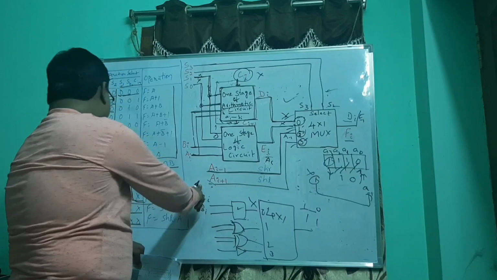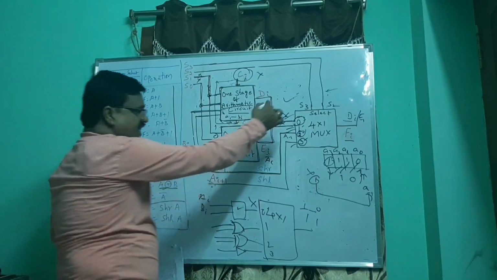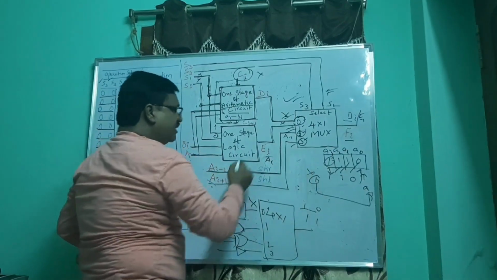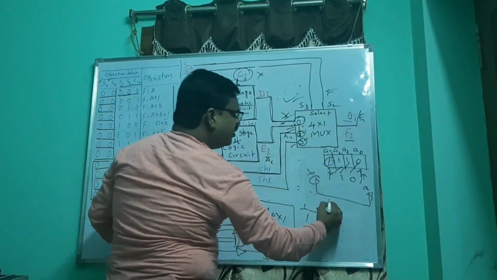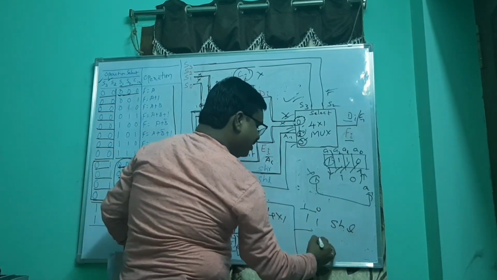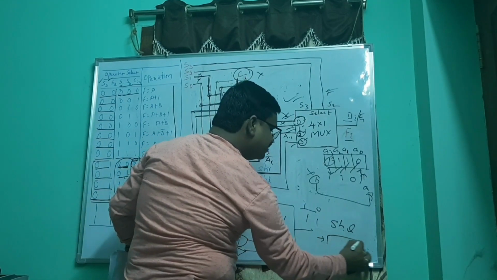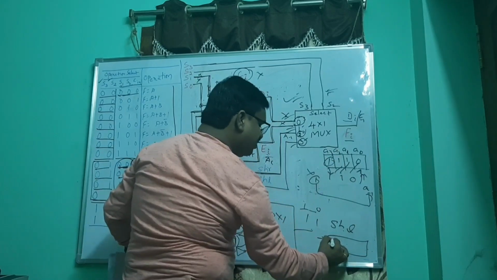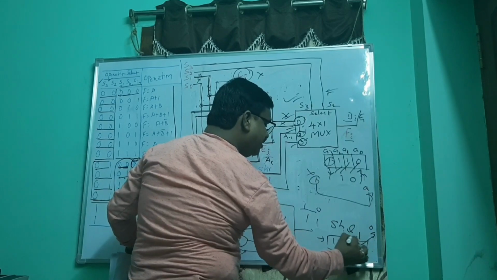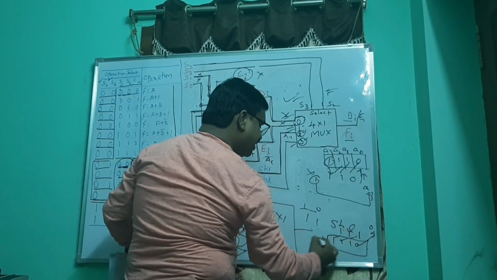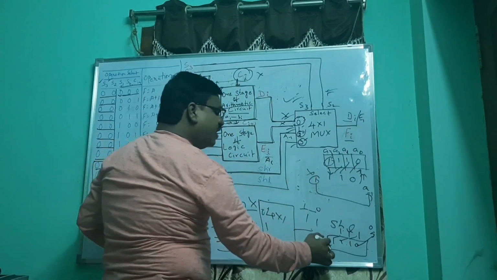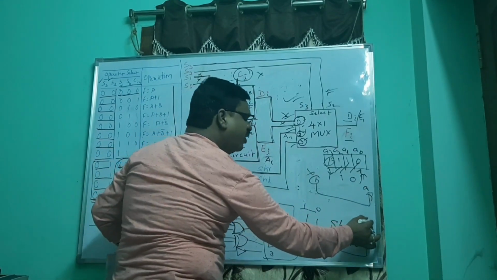So based on the values of S3 and S2, either AI minus 1 from that side, or if S3 and S2 are both 1 1, as we told, it is shift left. Here again you take 1 1 1 0. This 0 will be there, and 1, this 1 and this 1. Here a new value will be inserted, meaning this new value may be the value of this one.